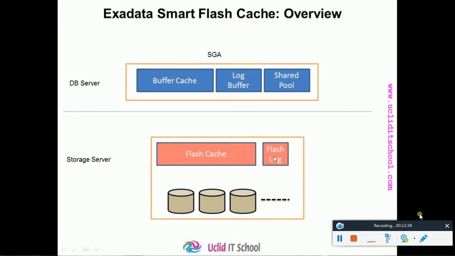So both flash cache and flash log are configured on every storage server by default. And compared to flash cache, flash log size is fixed. Actually, the default size is 512 MB only. Flash log is used for a different purpose, which we will discuss. Both will be configured.